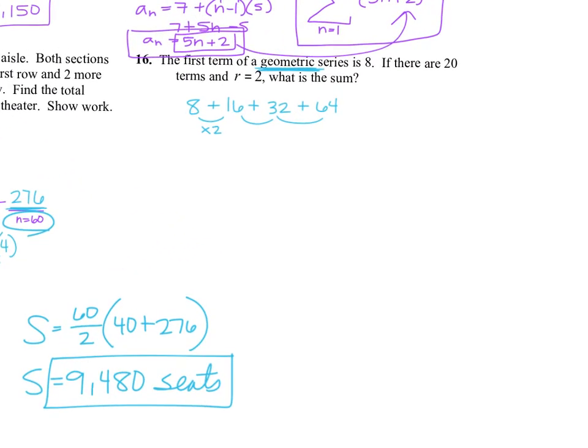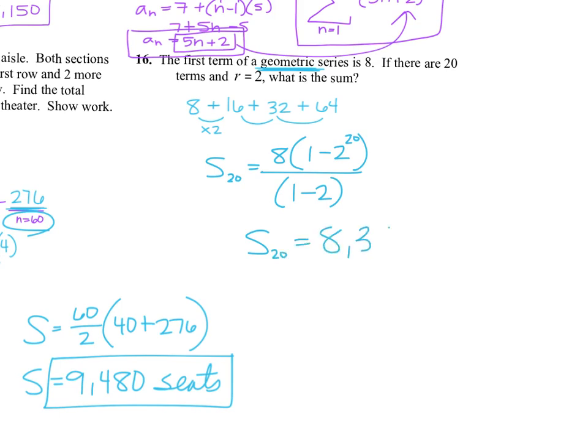So it's going to be a sum for 20 is your first term times 1 minus that common ratio, which is 2, to the n, which is 20, over, and then don't forget these parentheses, 1 minus 2, and you literally plug that into your calculator, and you get, S sub 20 is 8,388,600.